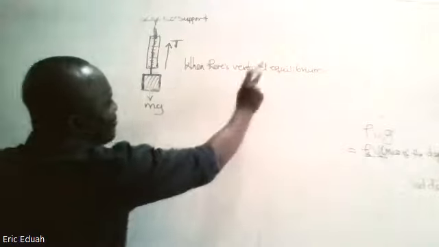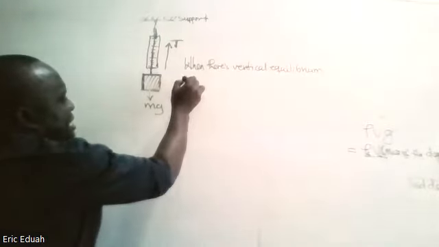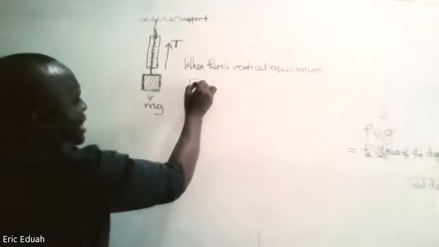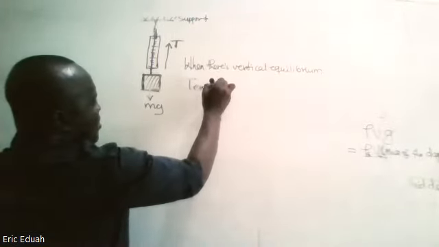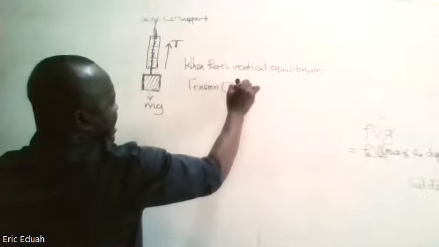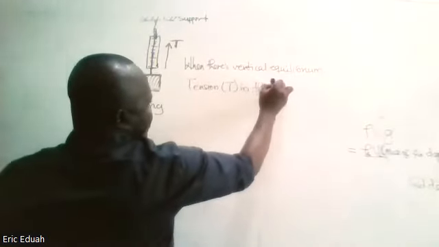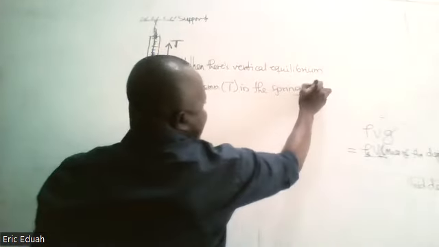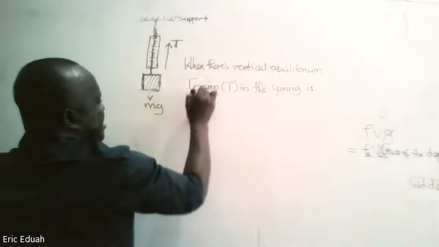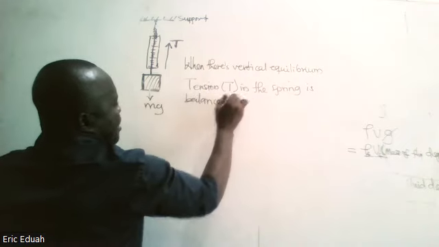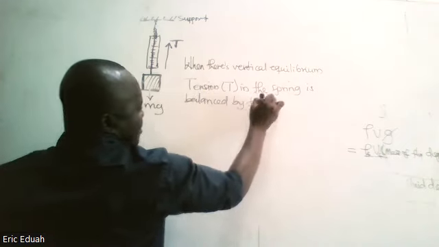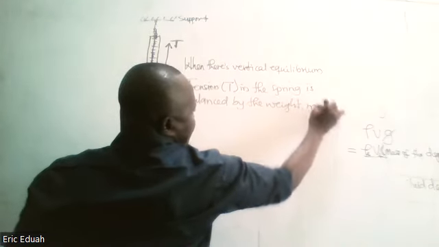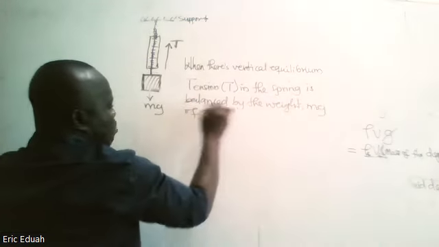So, under vertical equilibrium, we are saying that the tension T in the spring is balanced by the weight mg of the body.